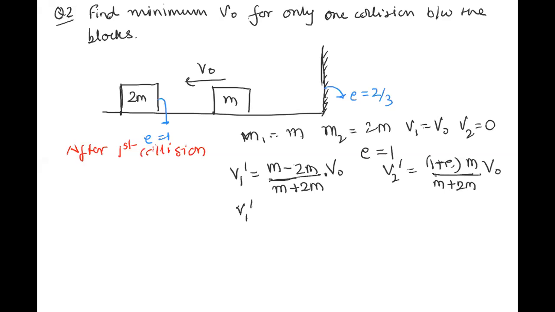So v1 prime will be equal to minus v0 by 3 and v2 prime will be equal to 2 by 3 v0.